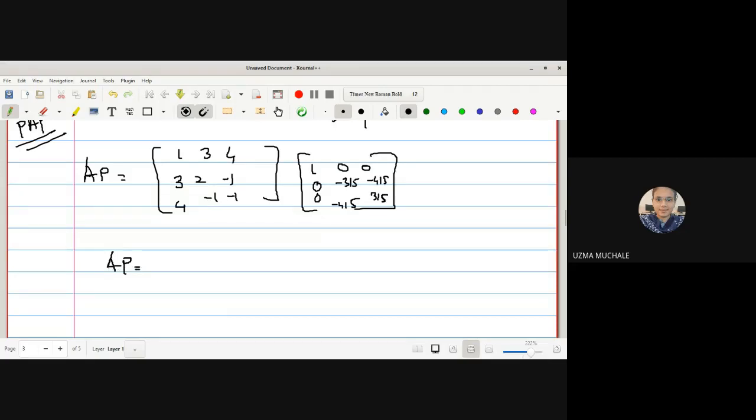So multiplication of these two matrices.